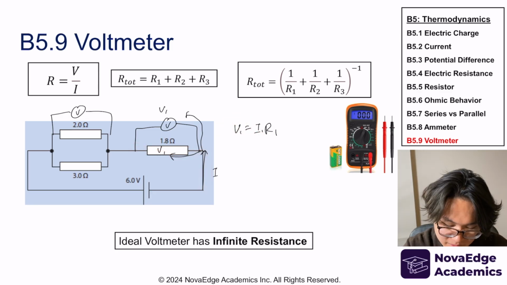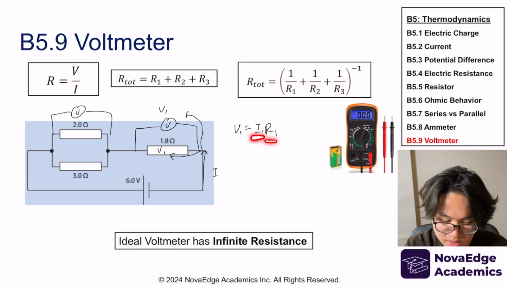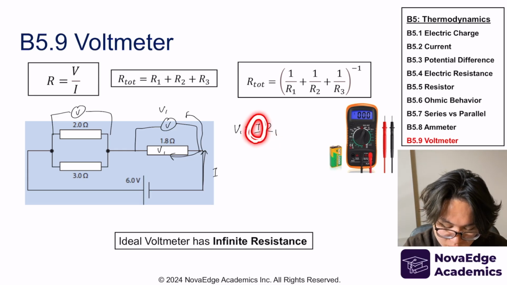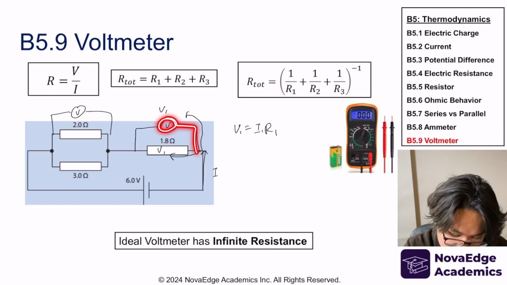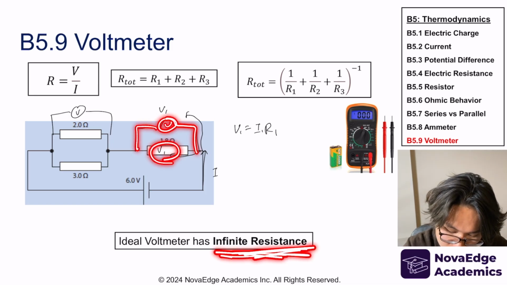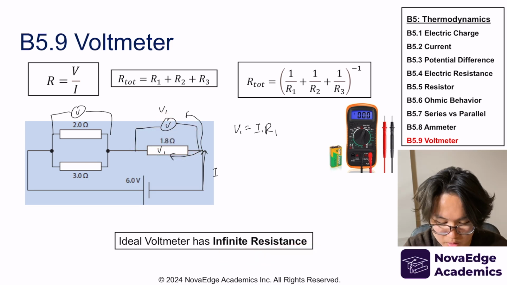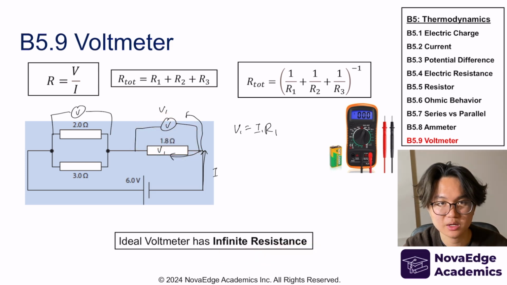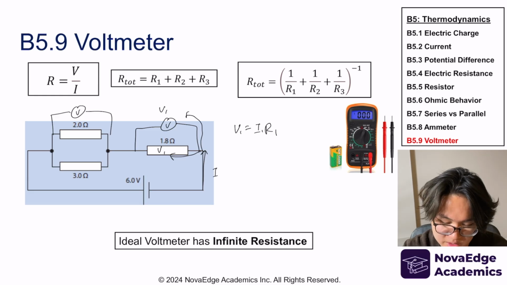If you don't want to screw up the voltage you're trying to measure, then the current has to be constant. R1, of course, is constant. So you don't want to change the current. If I'm plugging it in parallel like this, I need it to have infinite resistance in order to not change the current going through here. Does that make sense? All right, so that's the concept behind the voltmeter and the ideal voltmeter.